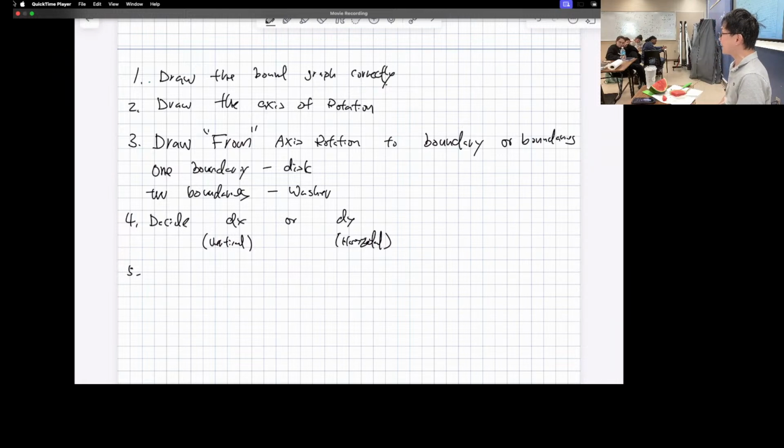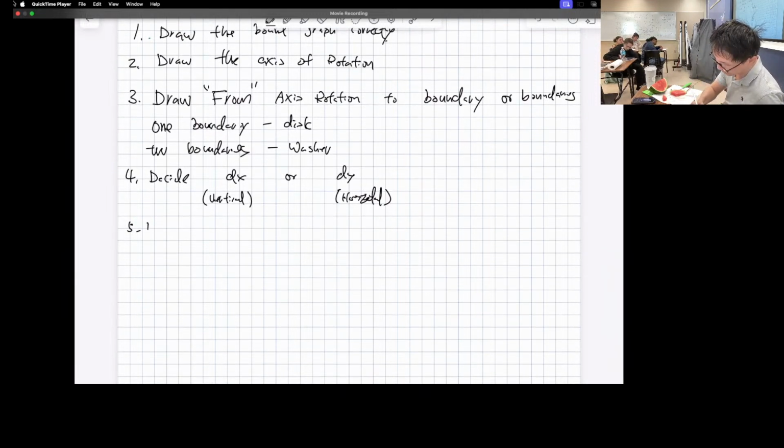Now, if it's dx, you have to use a function in terms of x. If it's dy, then you have to do it in terms of y. Make sure you solve for that function. So if it's y equal to x squared, then it could be x equal to square root of y. It could be either, but it depends on the dx or dy.